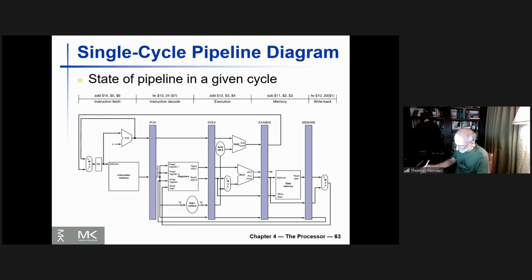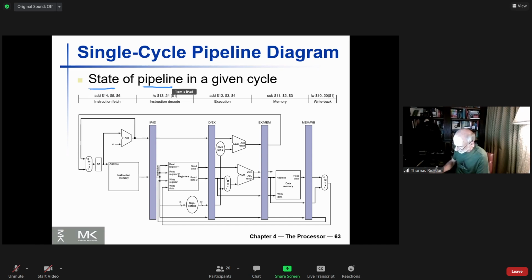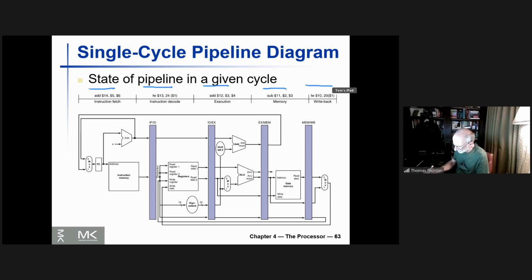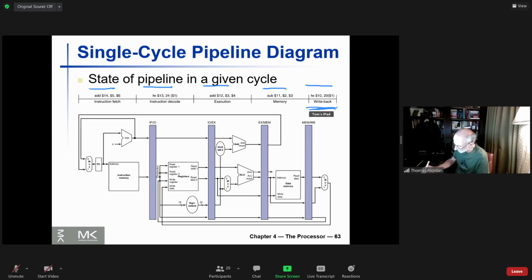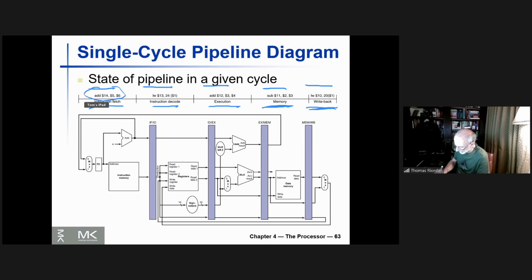So here's that same sequence of instructions shown with all 5 of the instructions shown at what point in the pipeline they are. You see that the first one, when it gets to the write back stage, meaning when it's basically done, the second one is one tick behind it, and so on, going back to the one that's just entering the pipeline now, this add.